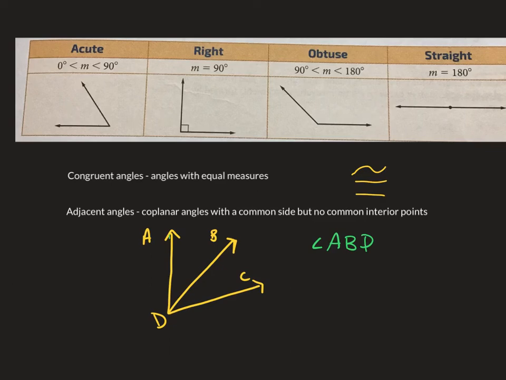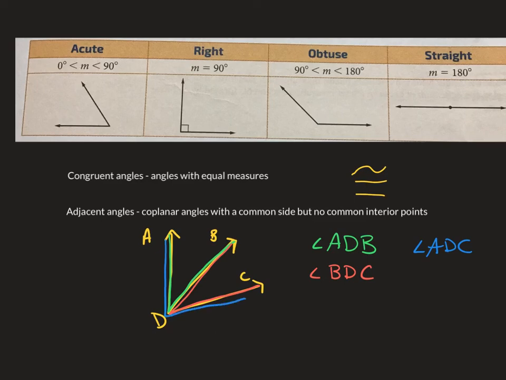So that's this one. Oh, see, I already messed up, it's ADB, because the vertex always goes in the middle. And then we have angle BDC, which is this one. And then there's also angle ADC. That's the big one that makes up this outside part here.